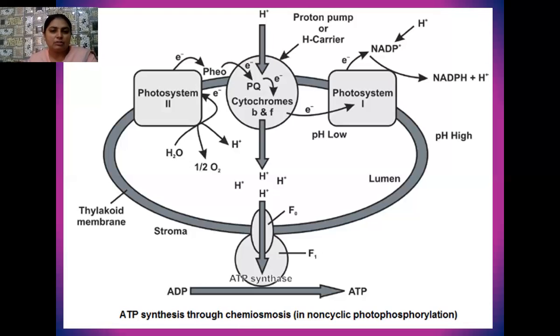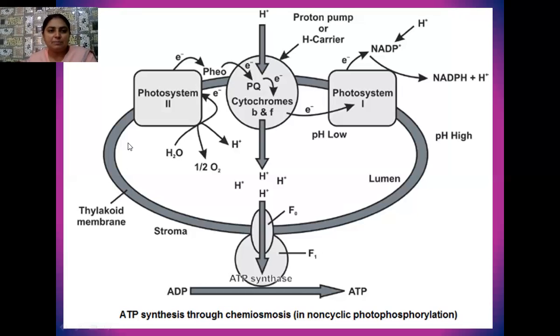The same thing happens for other protons. In this way, many protons pass through these F0 F1 particles and finally reach the stroma, and later the concentration of protons in the stroma and inside the thylakoid membrane becomes equal at a particular stage.